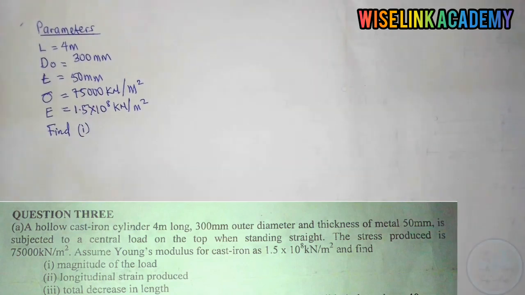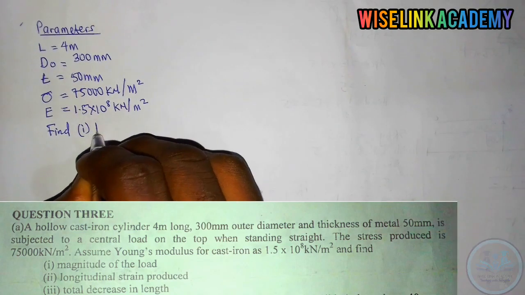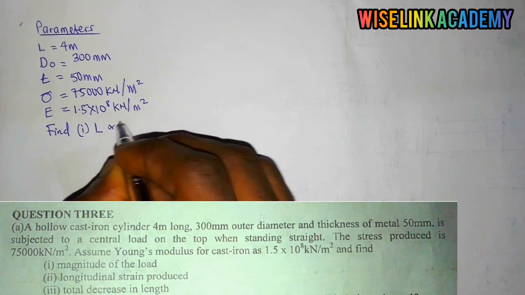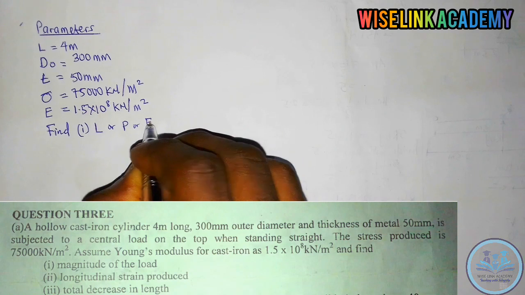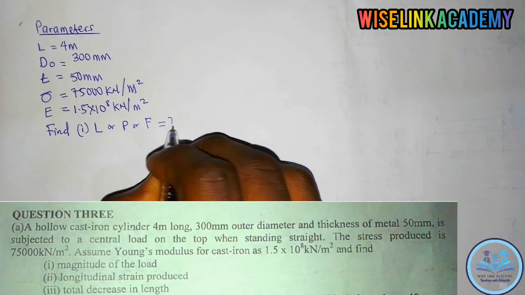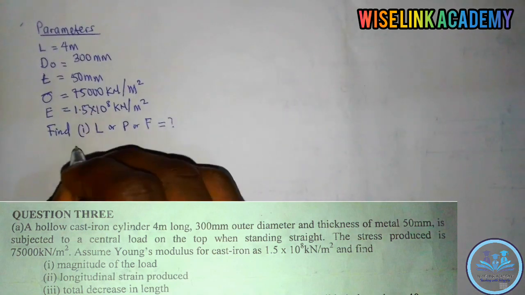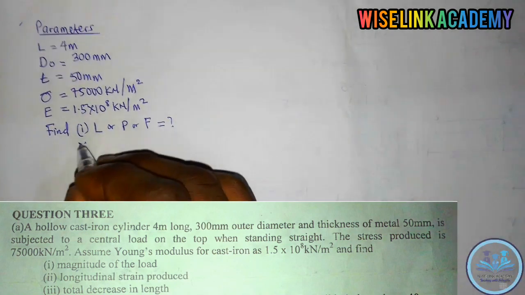Looking for magnitude of the load. Our load can be L, or it can be P, or it can be F. I can express my load in these three terms. So looking for load, we're looking for longitudinal stress produced. We're looking for stress.